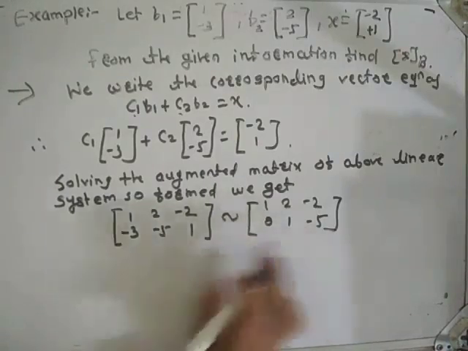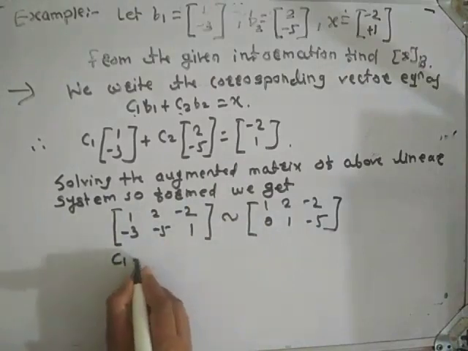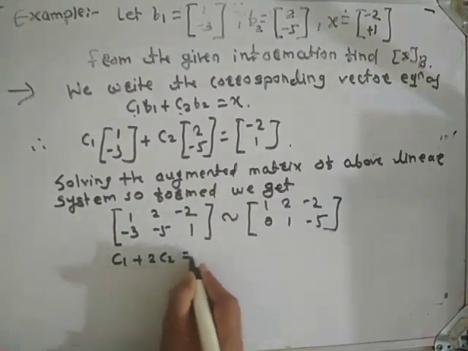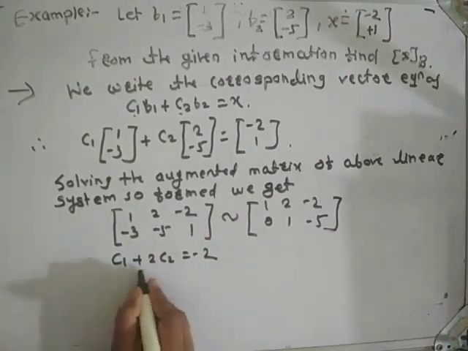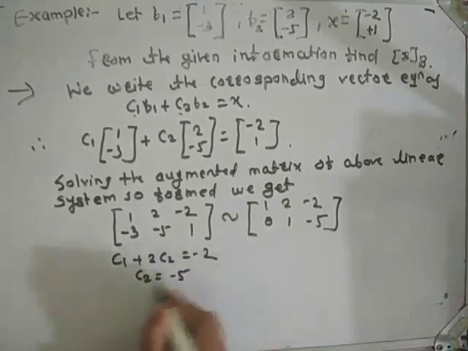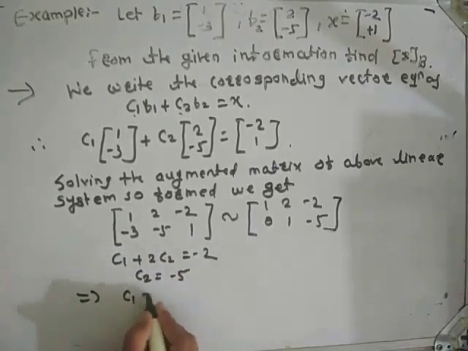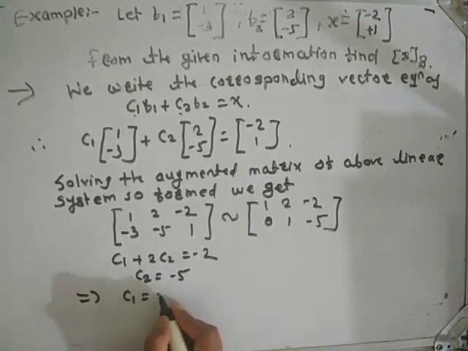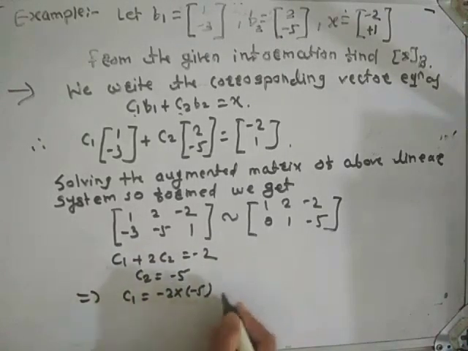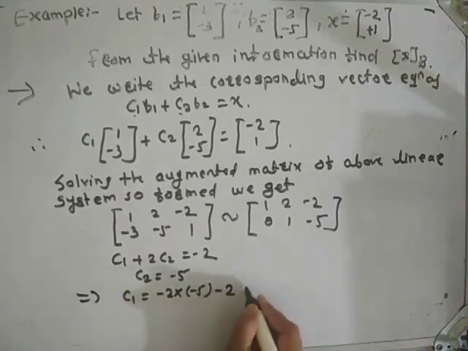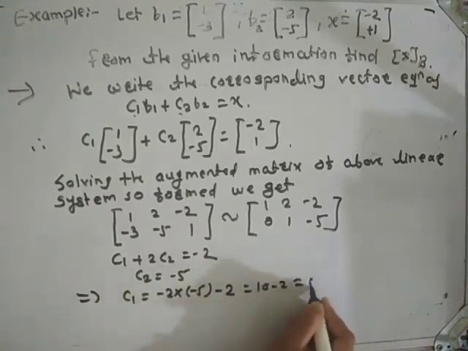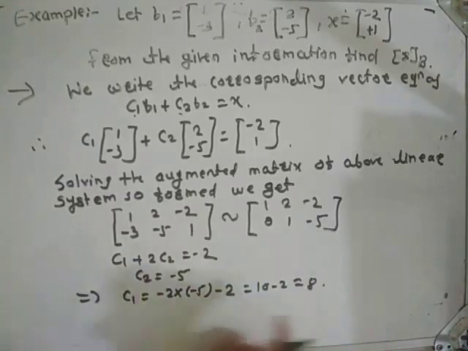From this matrix, observe that c1 plus 2c2 equals -2 and c2 equals -5. That implies c1 equals -2 minus 2 times c2, which is -2 minus 2 times (-5), that is 10 minus 2, which equals 8. So we get c1 equals 8 and c2 equals -5.